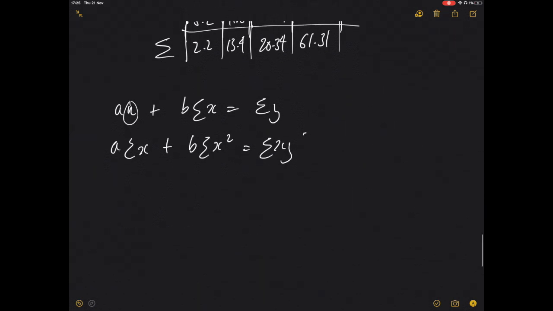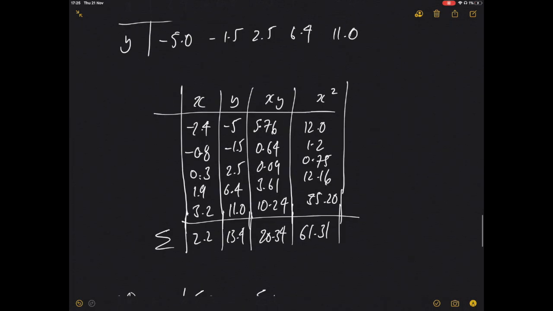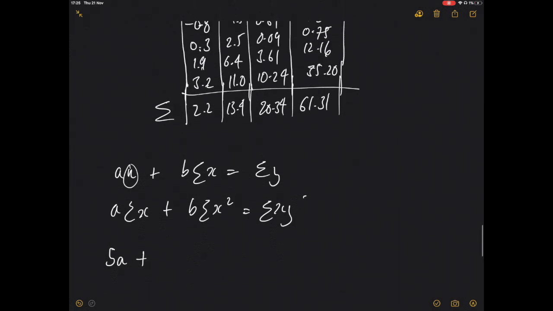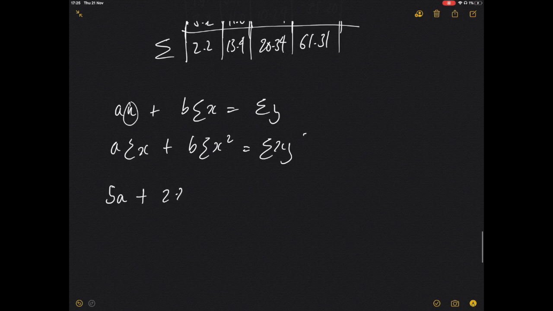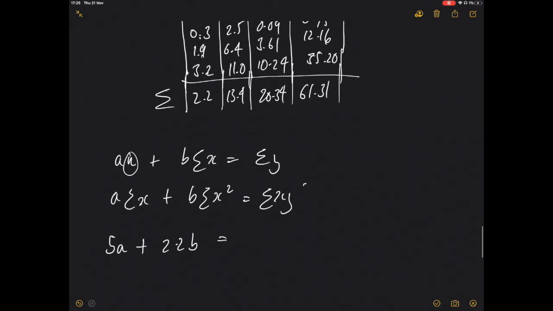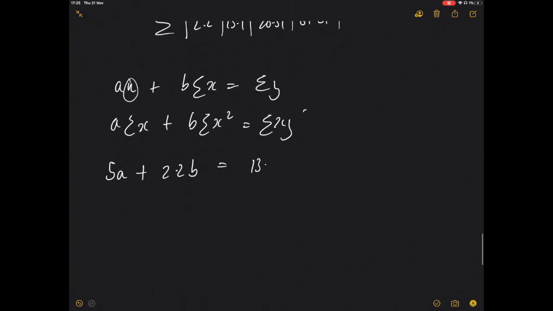We know there's n numbers: 1, 2, 3, 4, 5 numbers here, so that is 5A plus our sigma x, which is 2.2b, equals sigma y, which is 13.4.